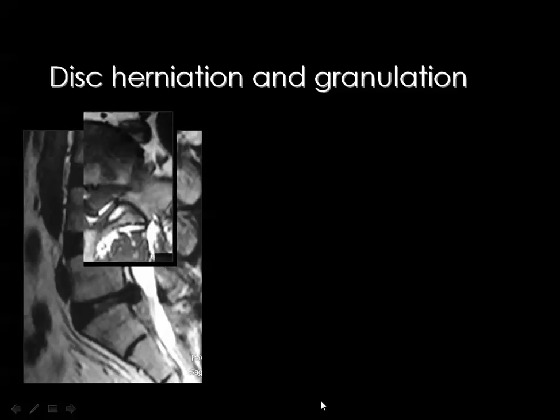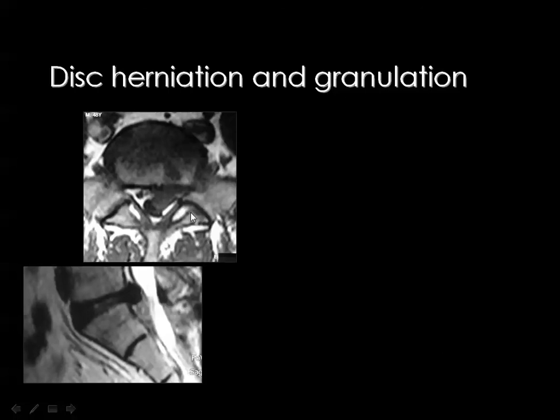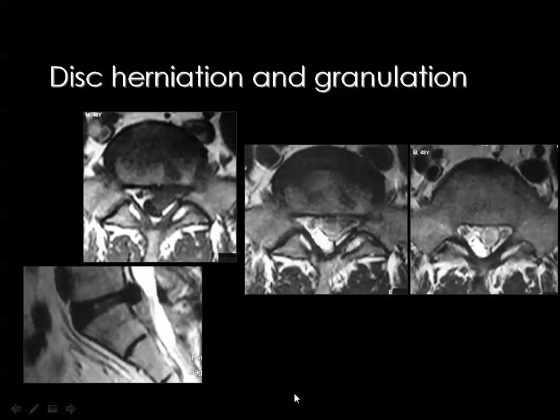But in the T1 weighted image, you cannot easily discriminate between the disc and the reactive granulation tissue, and you will assume that this is massive disc herniation, which is not the case, as confirmed by the axial T2 weighted images, where the disc material will be dark because it is degenerated, and the granulation tissue will be somewhat bright because it contains water. Then, if there is any doubt, you can inject contrast medium.